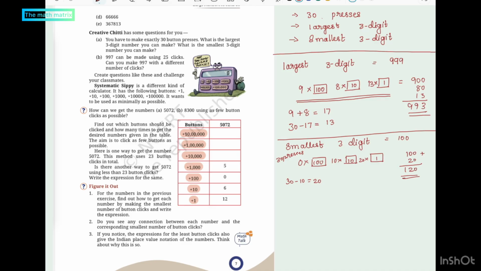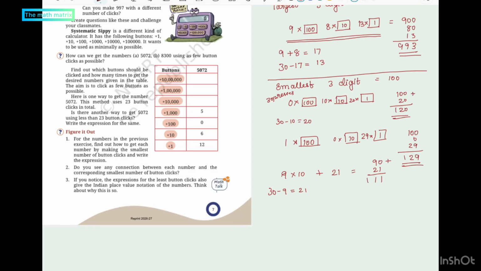Now consider another set of buttons, that is 1 hundred button and 0 tens button and the remaining 29 ones buttons, then it will make 129. Next one, 9 tens buttons, 21 ones buttons, then it will make 111. 8 tens buttons and 30 minus 8 is 22, so 22 ones, it will make 80 plus 22, that is 102.